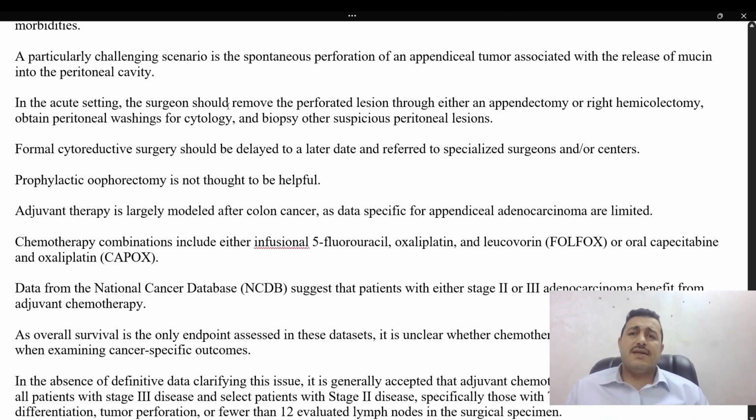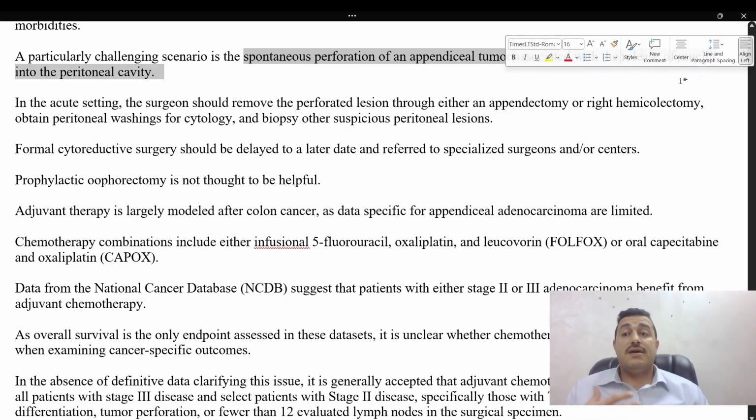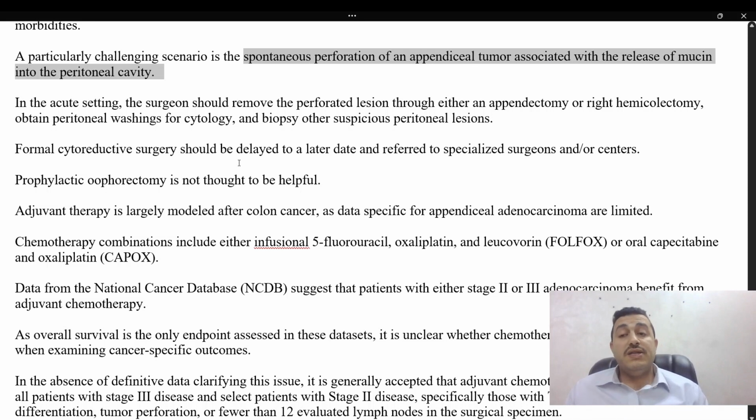We already discussed this challenging scenario. If we find during our surgery that we have a tumor with spontaneous perforation of an appendiceal tumor and release of mucinous material in the peritoneal cavity, what to do?